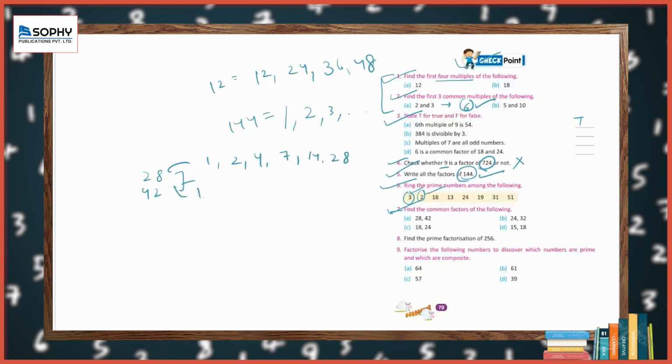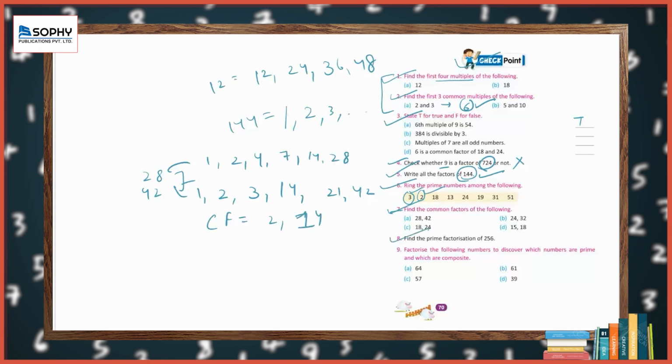Here, the factors of 42 are 1, 2, 3, 14 and, very good students, 21, 42. So the common factors are 1, 2, 7 and 14. That's how you can complete it.